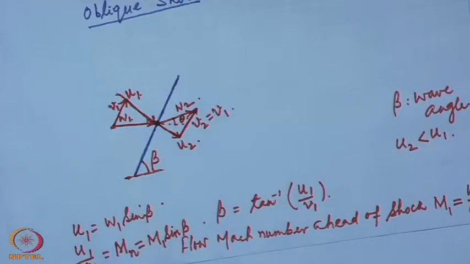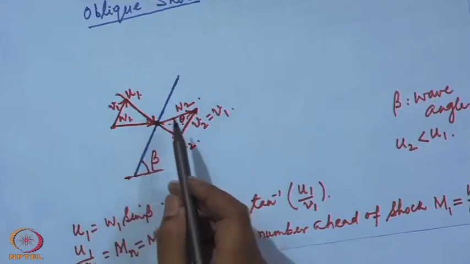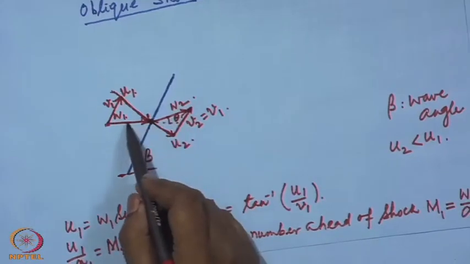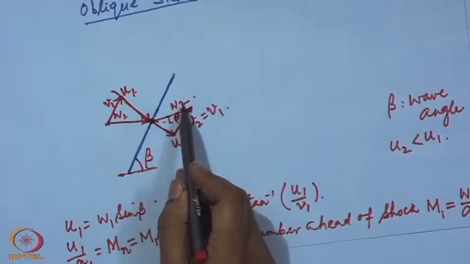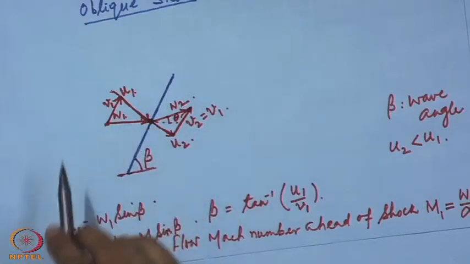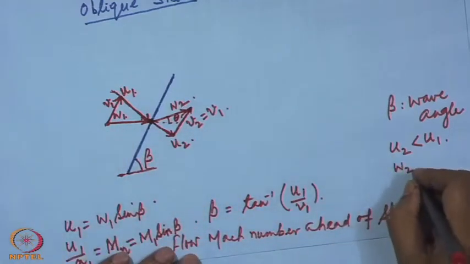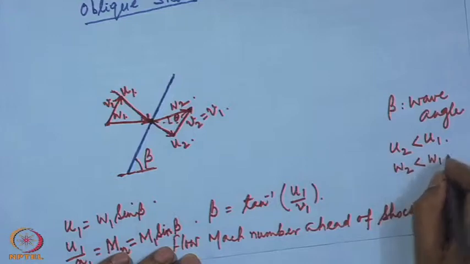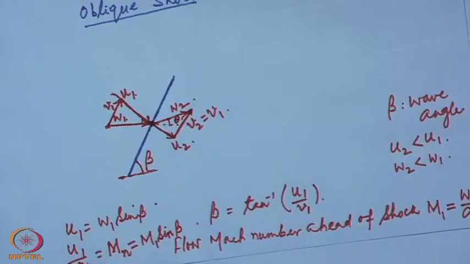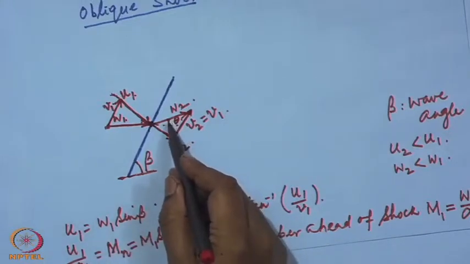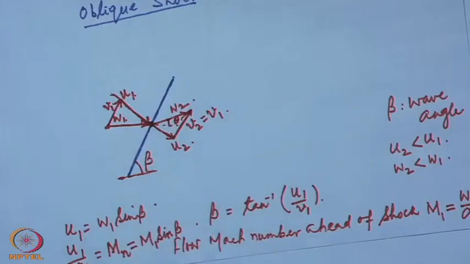So, we see that through the oblique shock, this W2 has a magnitude smaller than W1, and not only that, the direction of W2 is different from the direction of W1, that is the flow when it crosses or passes through an oblique shock changes its direction or undergoes a rotation or turn.